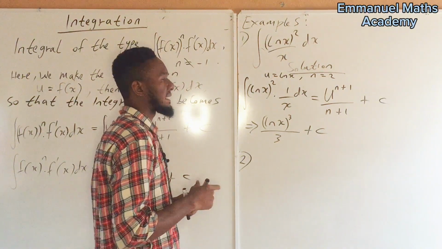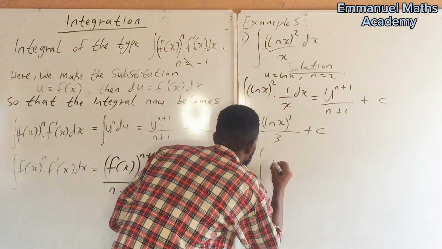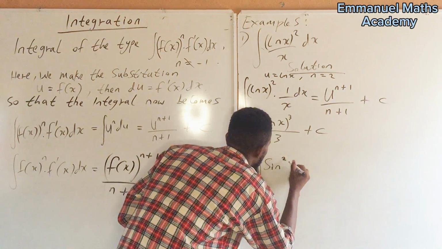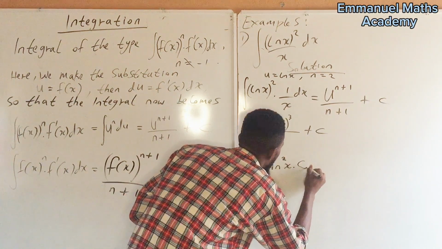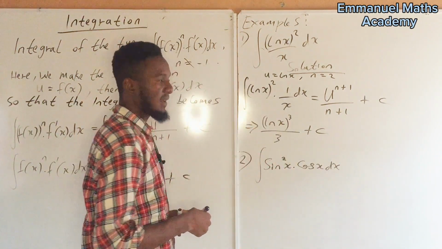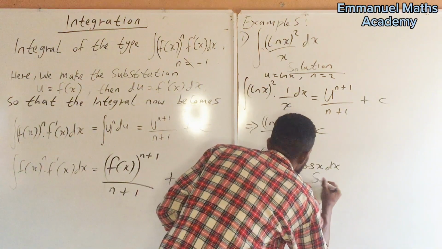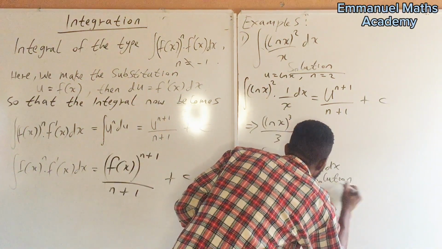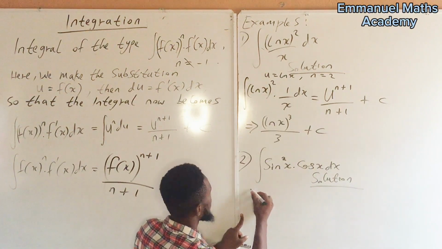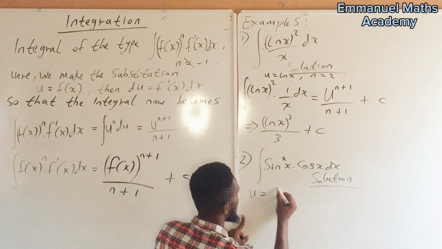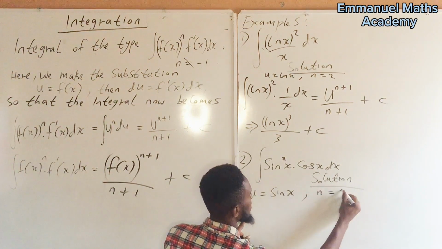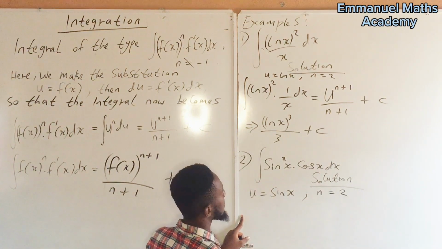Given this, find the integral of sin^2 x cos x dx. From here, what is our u? Our u is sin x, while our n is 2.